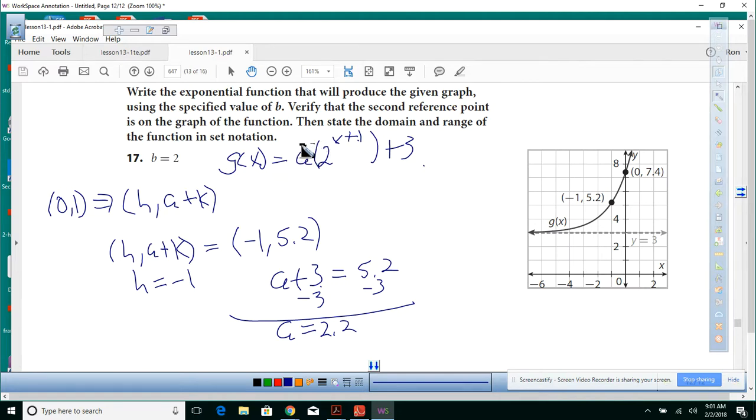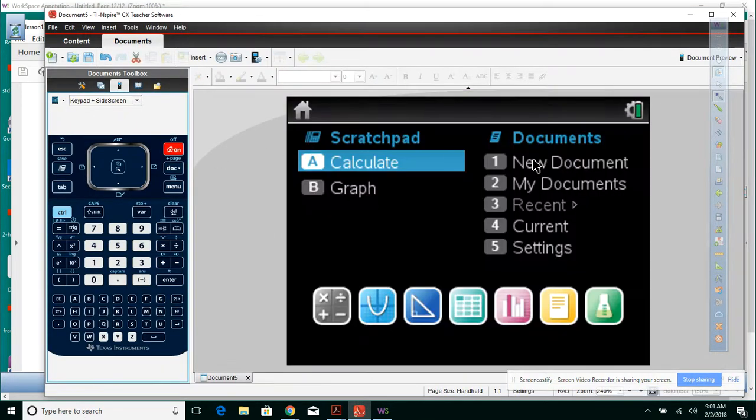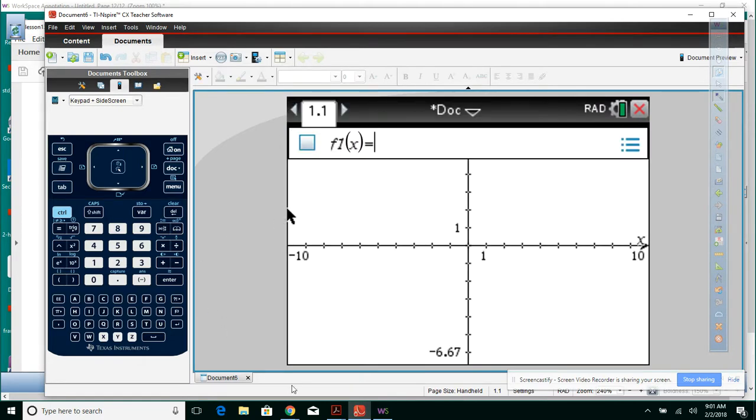Okay. So 2.2. Let's try our equation. Get rid of the scratch pad. On. New document. No. Graphs. So what did we get?